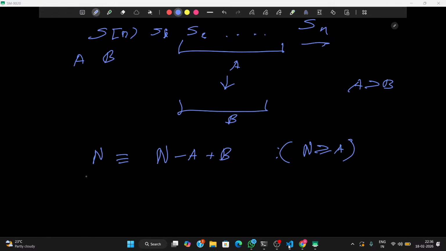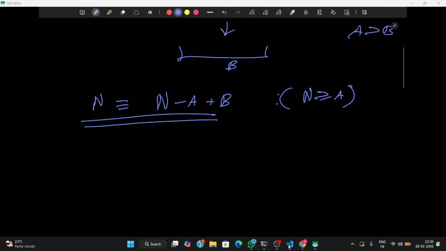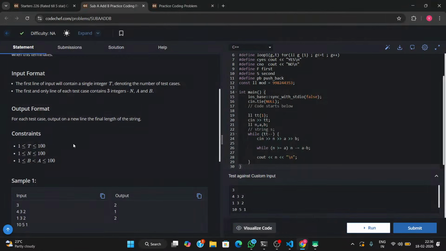Whenever n is greater than or equal to a, we can do this operation, and we need to output the final value of n. The constraints are that n is at most 100, and a and b are also at most 100.